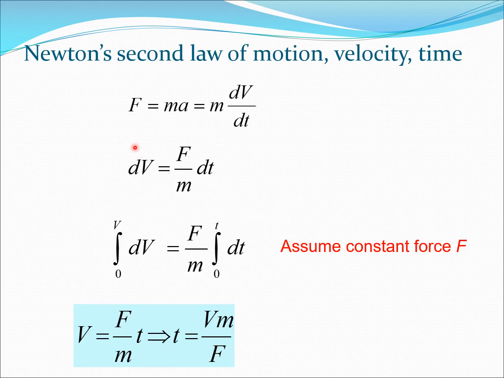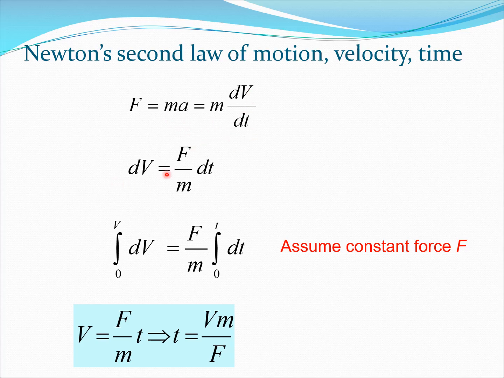Before that, let us take a look at Newton's second law of motion, and this is going to become handy in the calculations for this particular ground roll length, because we are going to assume constant force. So let's start with the equation for Newton's law, which we all know. F is mass into acceleration, that is mass into dV/dt.